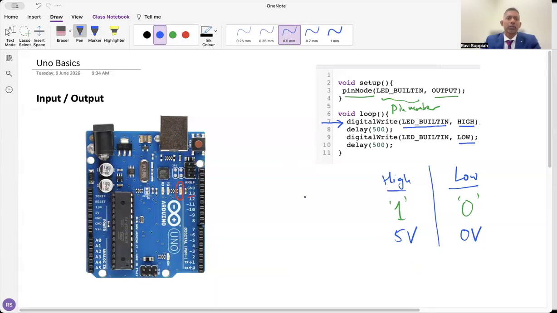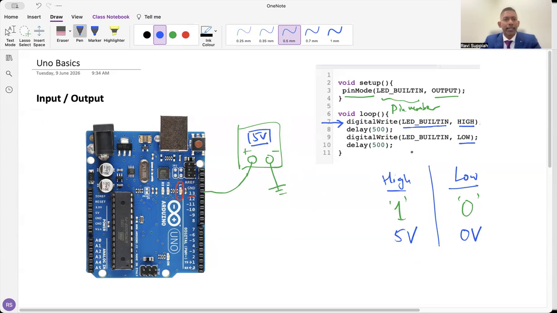Now, what does that mean? If I connect a multimeter to pin 13, with this as the plus and this as the minus going to ground, what I would observe on the multimeter should be 5 volts when I execute this line.